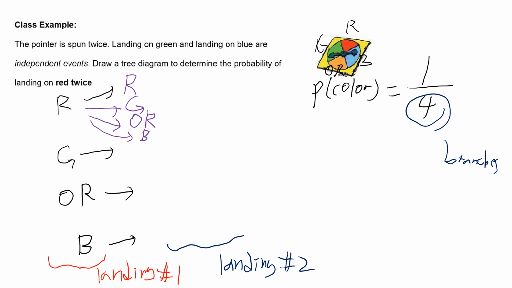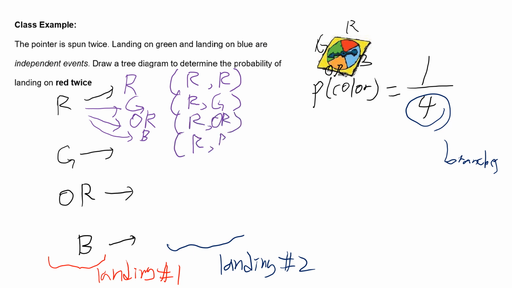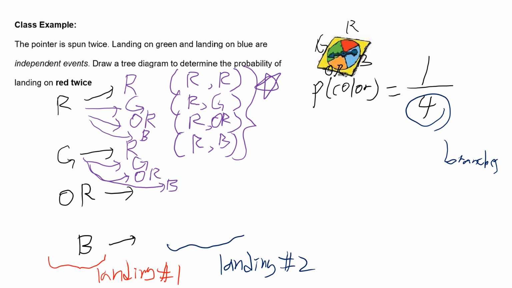And the results that you have can be represented as bracket R, R, R, G, R, or R, and so on. Those are what you have. And I want you to list every single possibility on the right side. Same thing. I'm going to skip to the conclusion soon, but you can actually write all of these actual outcomes on the right side.